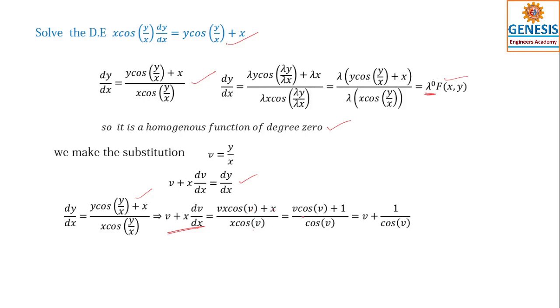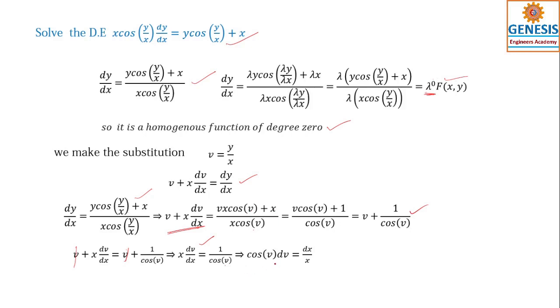If you do this, we may get this type of equation. And if you combine all these things, v and v get cancelled, and we are going to have x dv by dx is equal to 1 by cos v. So this attains the form of variable separable.